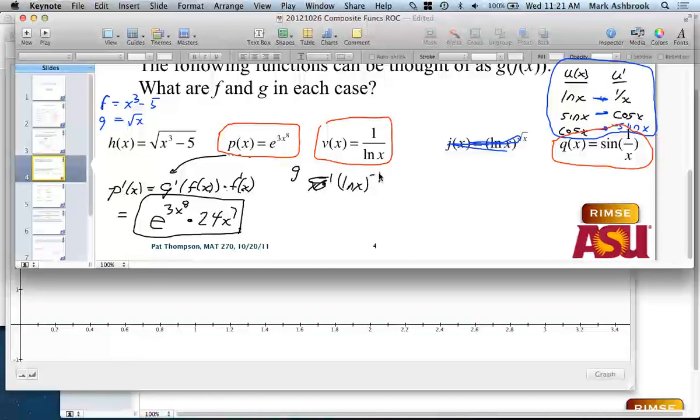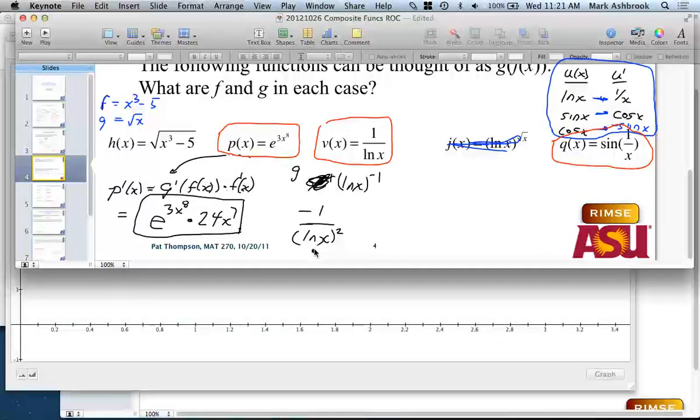And so you're doing the rate of change of g, you said was negative 1 over x squared. Yeah, but it's with respect to f, not with respect to x. That's the rate of change of g with respect to f. So you want negative 1 over ln of x squared. Does that make sense?